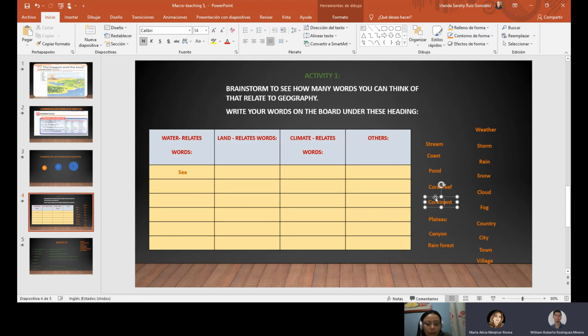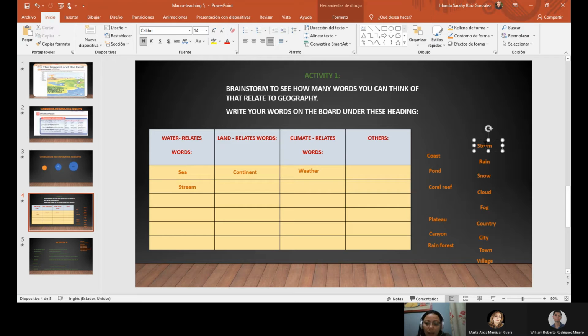It is related to land, a big piece of land. And if I say weather, Marta? It's related with the climate. You're right. And if I say stream, William? To water. Okay, you're right.